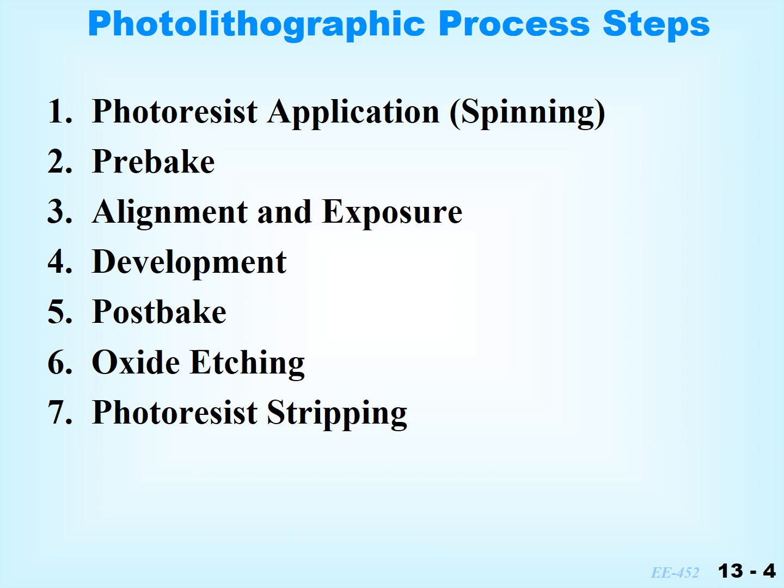The first step is application of a photoresist, then pre-bake, then aligning and exposure. This is where the mask is required. Then development, then post-bake, then etching of the oxide and removal of photoresist, which is photoresist stripping.